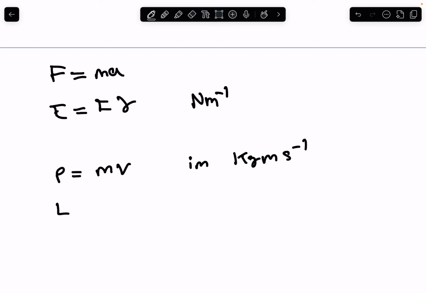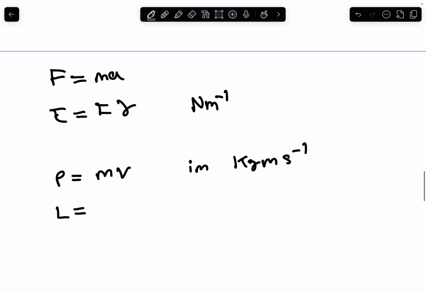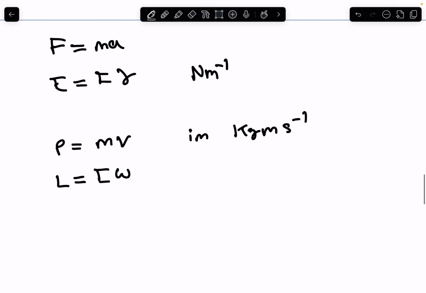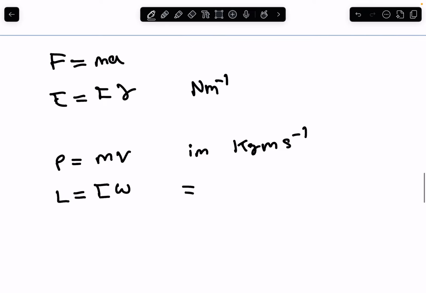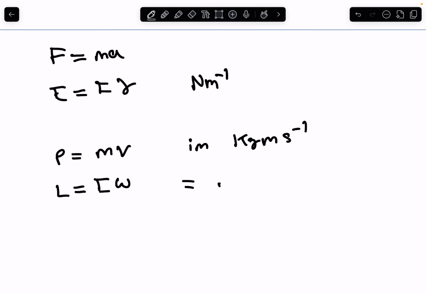So for L, the angular momentum, we know that mass is equal to I in the rotational world, so we have I. I know that velocity is equal to omega. So there we have it: L equals I omega. This is given, I think, in kilogram meter per second squared.